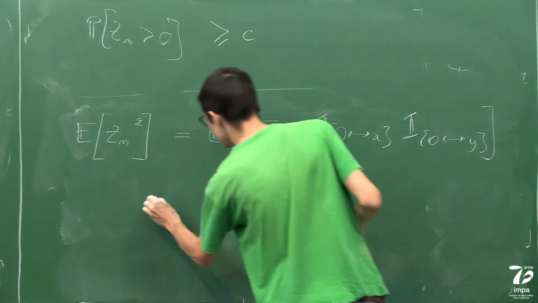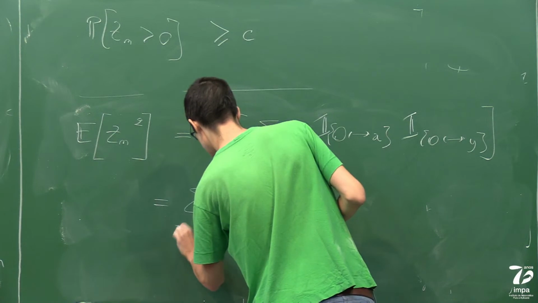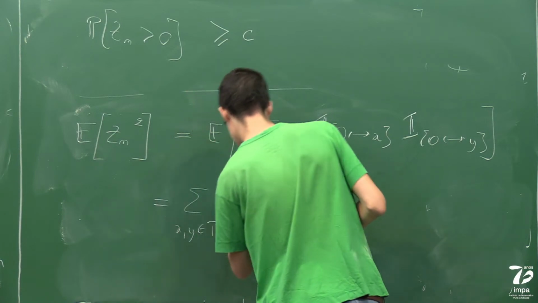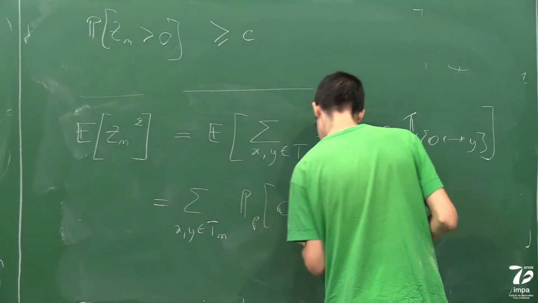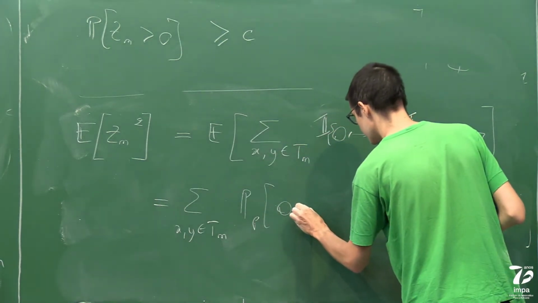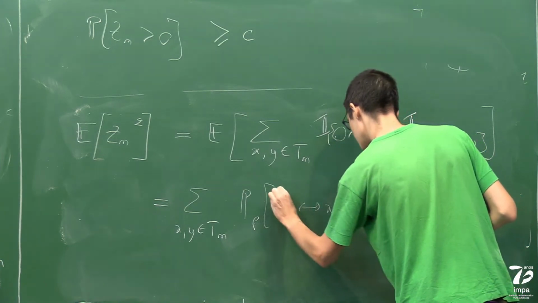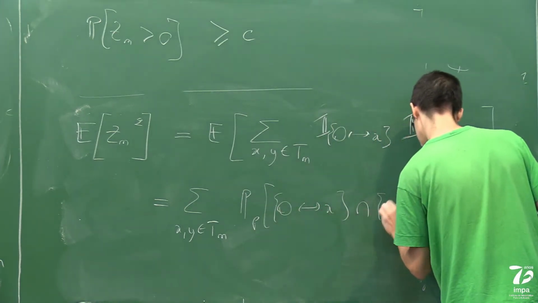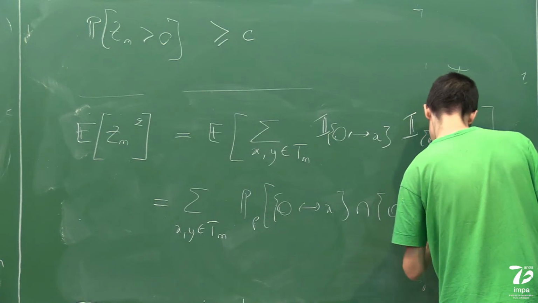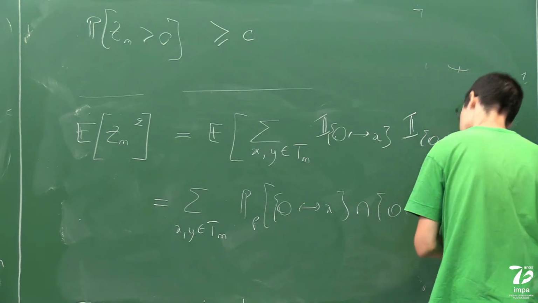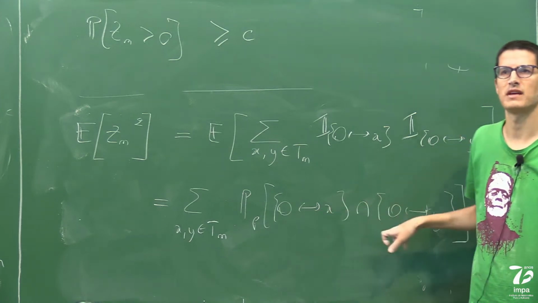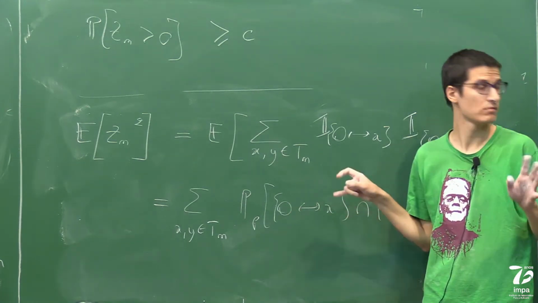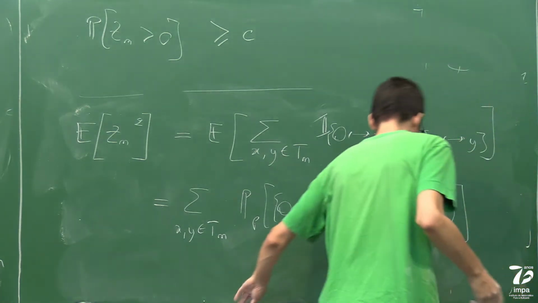So it's just a sum over x, y in Tn of the probability that 0 is connected to x, and 0 is connected to y. Now I have to be a bit more careful because probably all these terms do not have equal probability. So you have to see exactly.